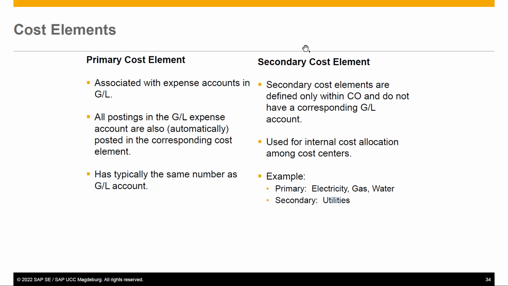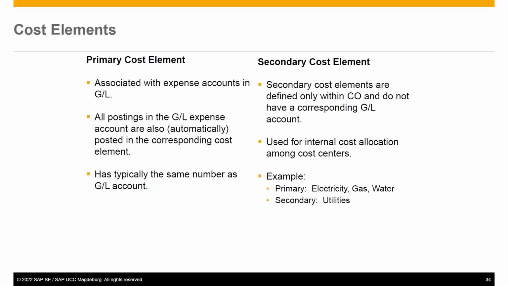Because this primary cost element is linked with the expense account of the financial accounting. So that transaction automatically comes to the cost accounting. If they are not linked, then whatever we have done in the financial accounting, we have to make another entry into the cost accounting. But this way, we are saving our time because they are all automatically linked.